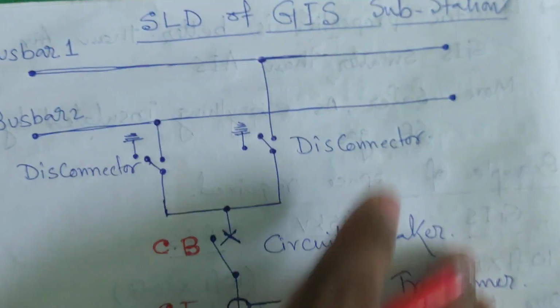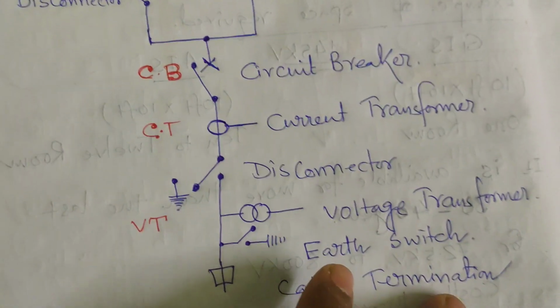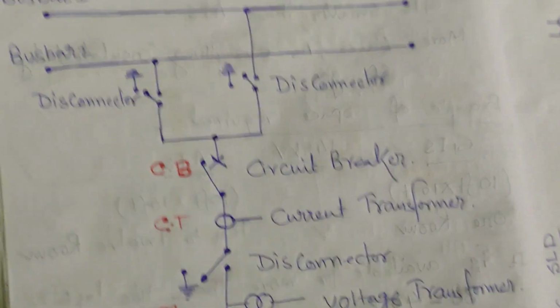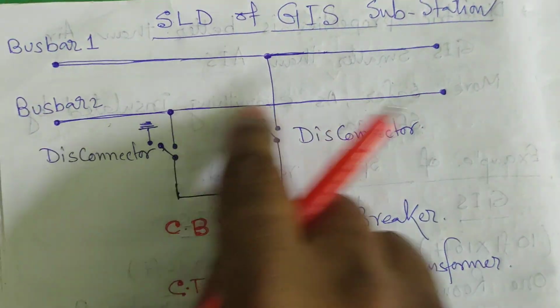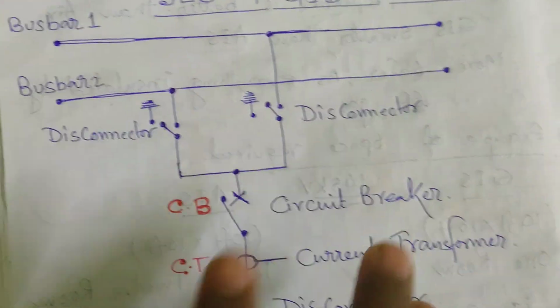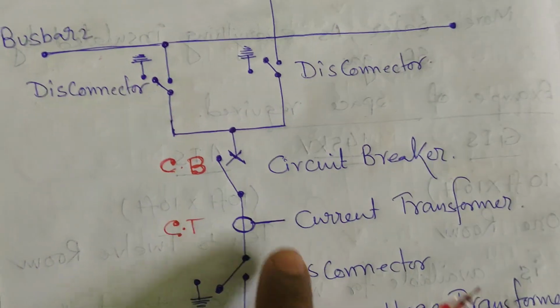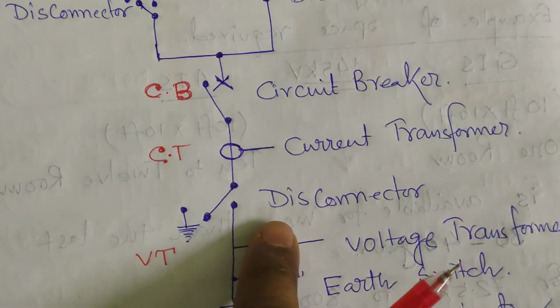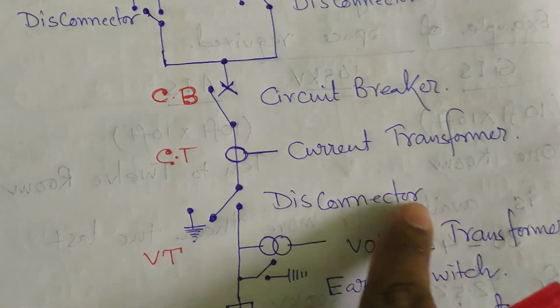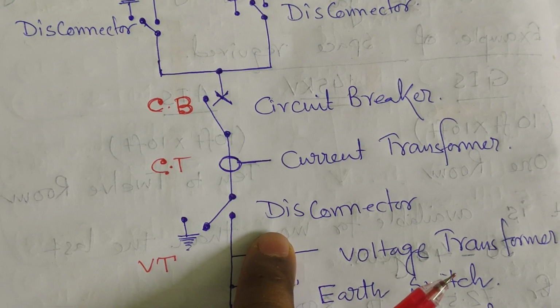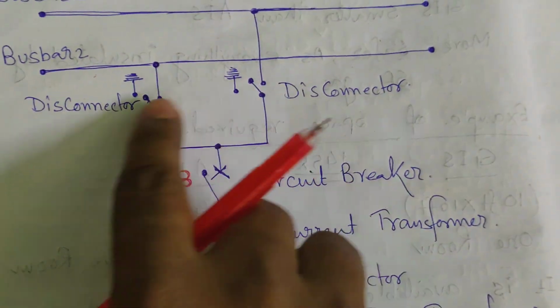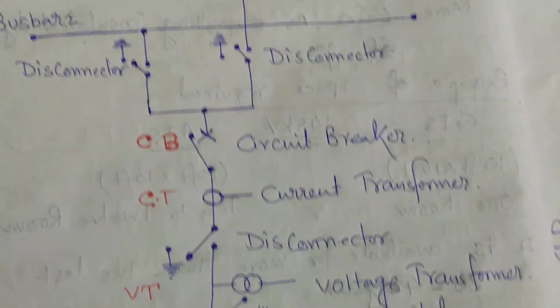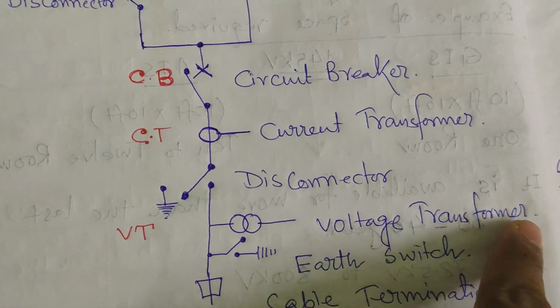So this is a general idea about a bay of the GIS system. First bus 1, bus 2, second disconnector, third circuit breaker, fourth current transformer, again disconnector. In the AIS system, it is the line side isolator. These two are the main bus side isolators.